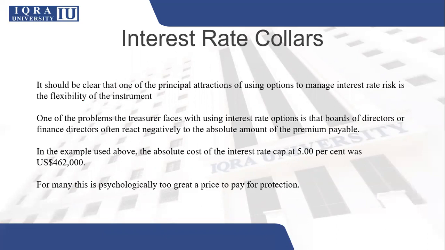One of the problems the treasurer faces using interest rate options is that boards of directors or finance directors often react negatively to the absolute amount of the premium payable. Remember, the premium payable was quite high. It was $462,000.